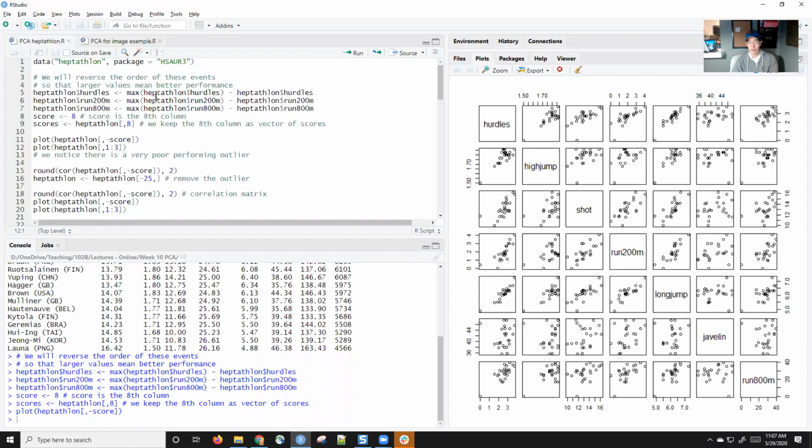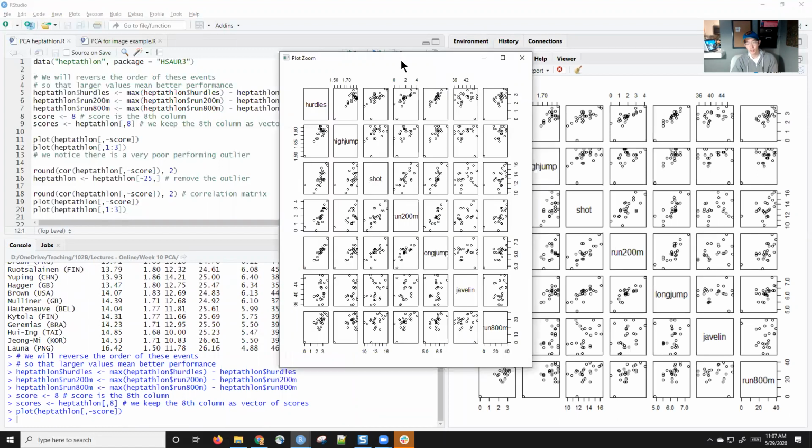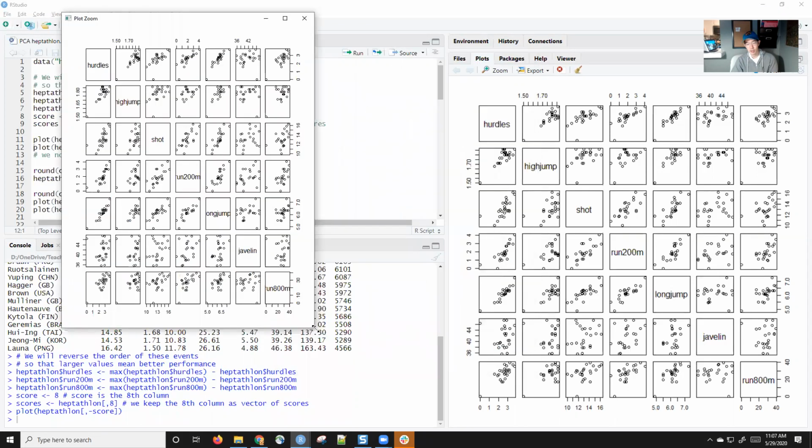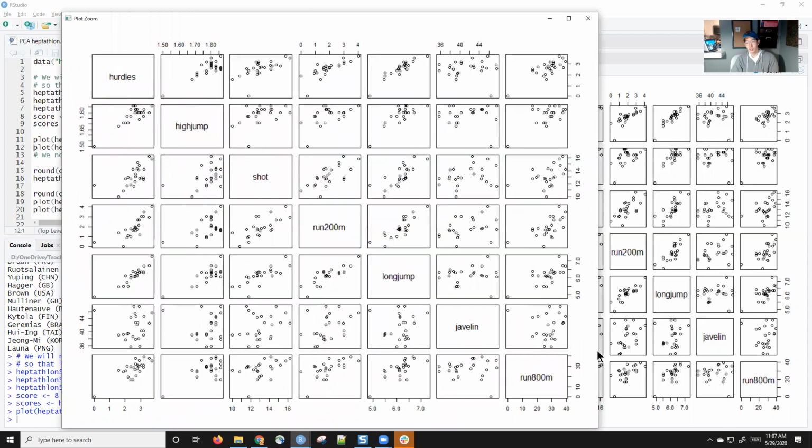So here is a plot of all the 7 events, and their correlations with each other. These are all the different 7 scatter plots that you can get.